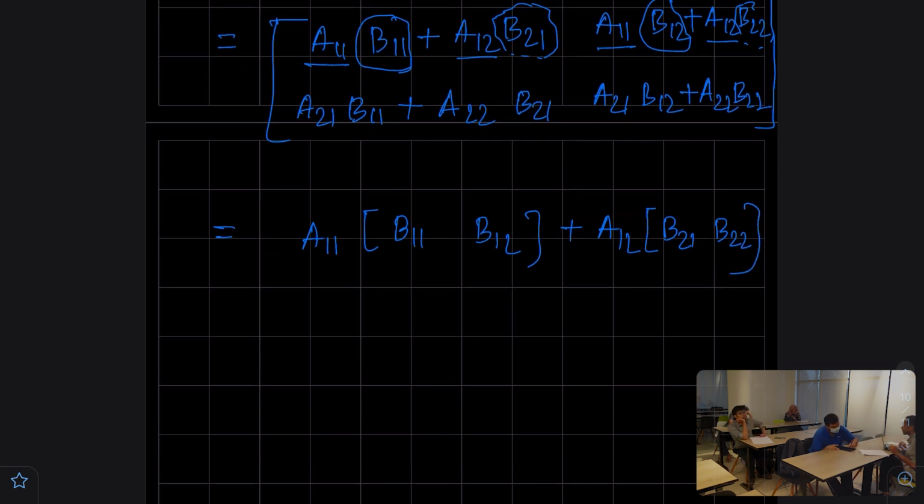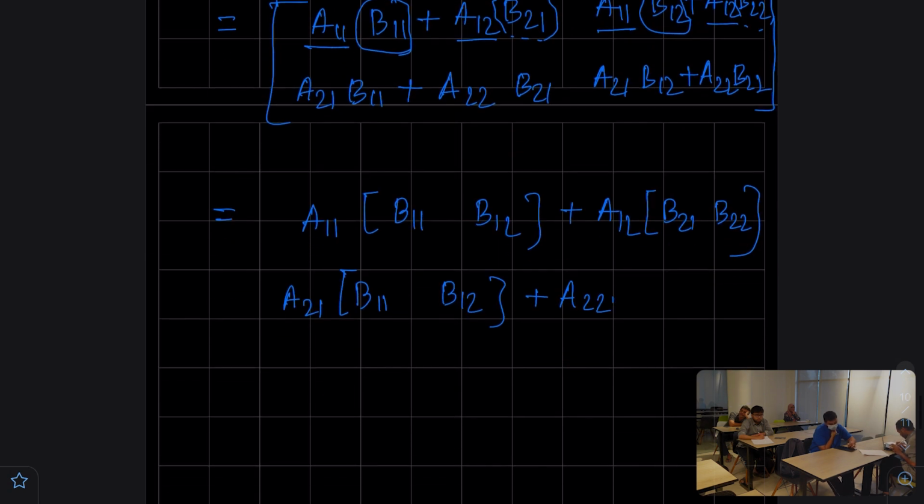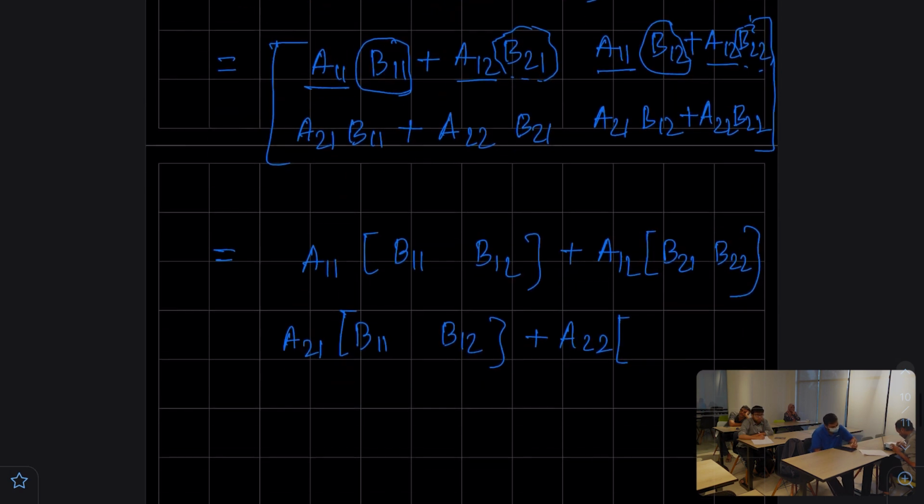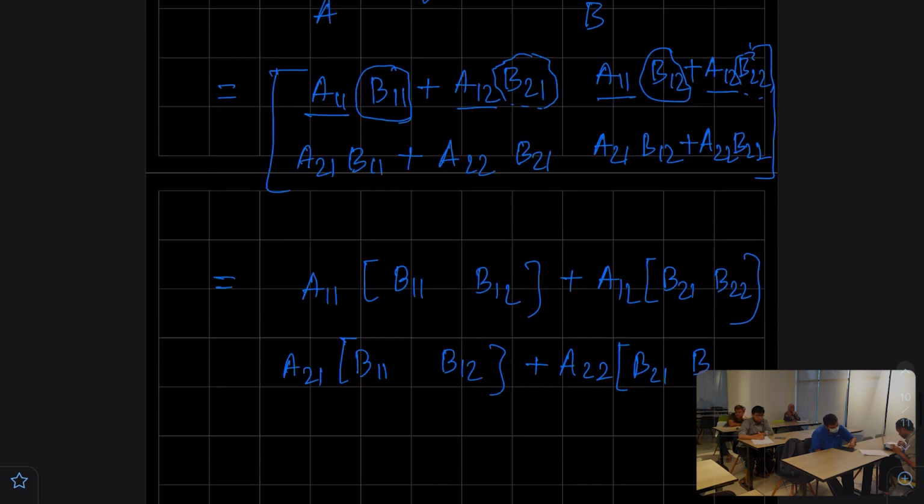This is the first row, right? And the second row is A21 times B11, B12, plus A22 times B21, B22.